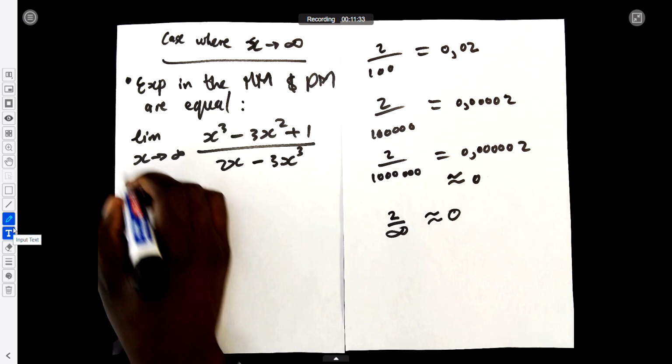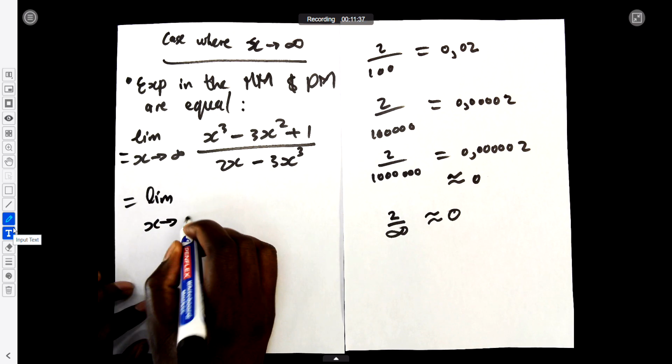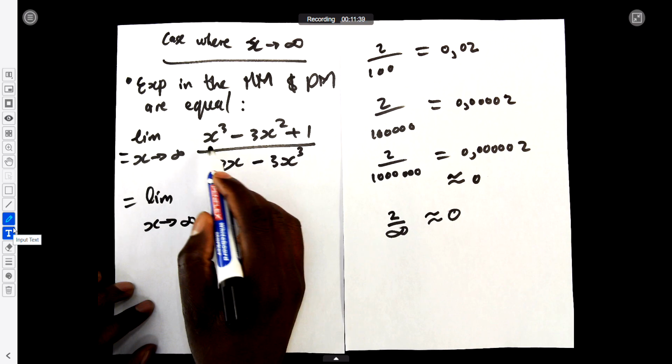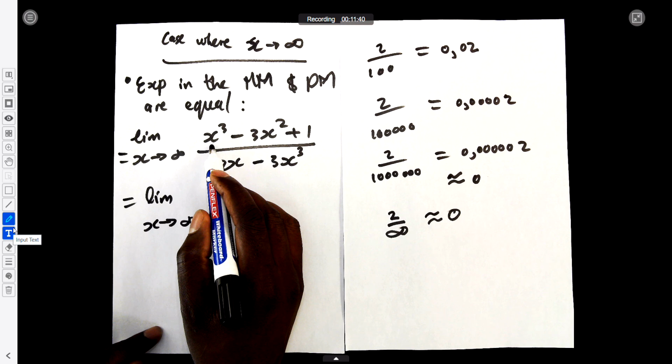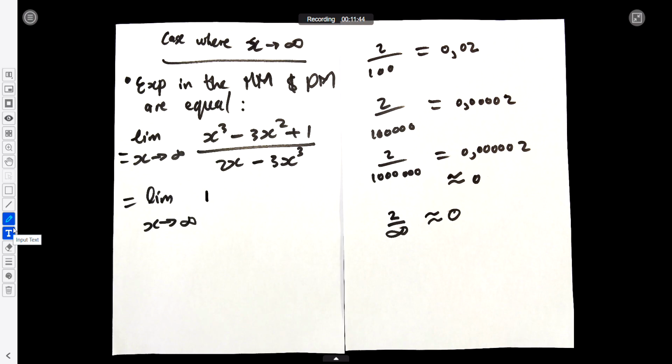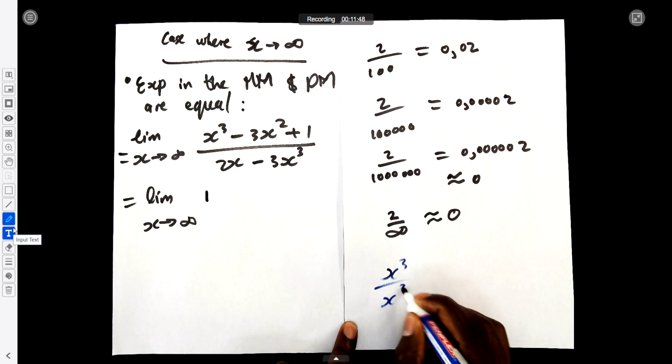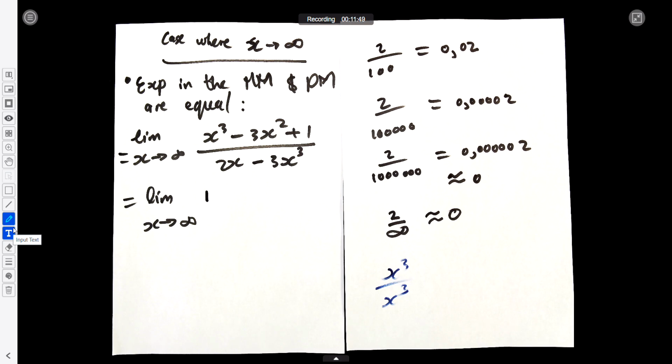That's another way to say it. So I'm going to say limit x approaches infinity. Let's divide x cubed by x cubed. It's 1, isn't it? So the answer is equal to 1.